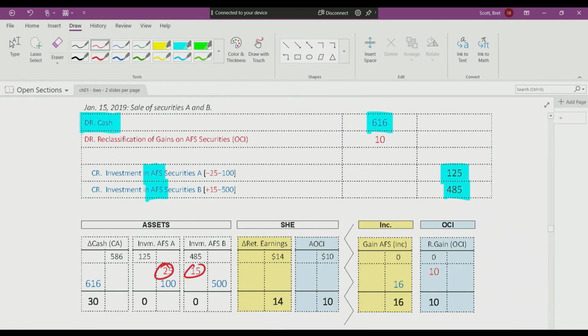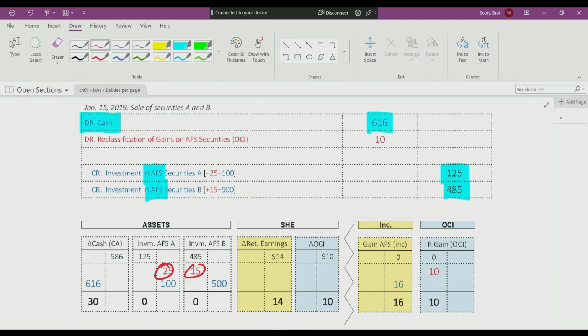Those were just unrealized. Now we can say that we've sold these, so we can look at that and say, let's actually recognize these, but not directly. What we're going to do is say, look, let's reverse out in the AFS investments any unrealized gains or losses in those accounts. Get rid of them.